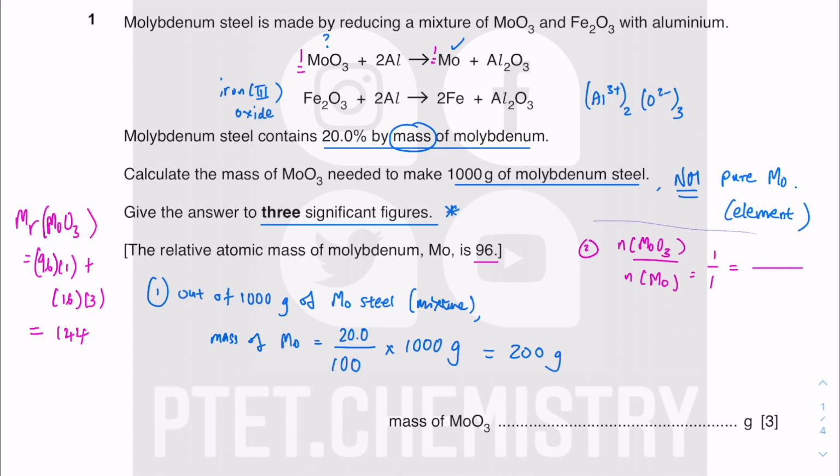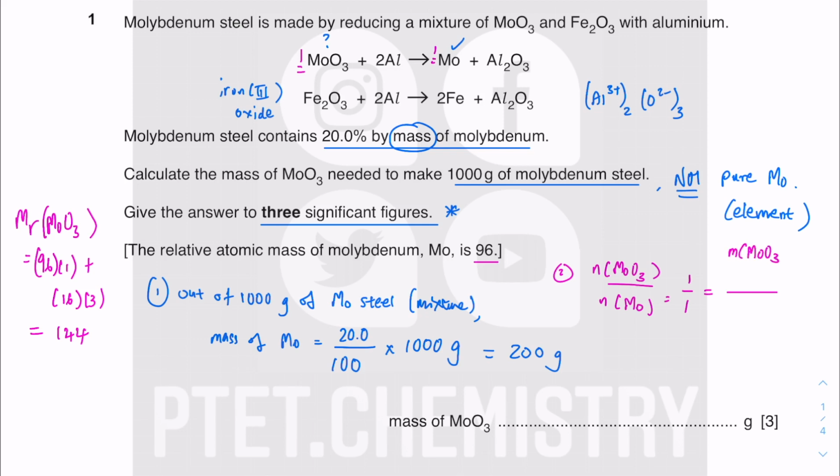So in my typical setup for the mole equation, this is the mole of MoO3. I need the mass of MoO3, so the mass of MoO3 divided by the Mr, which is 144, which I did on the far left hand side. And then on the other side, I know I have 200 gram of molybdenum in that 1000 gram of steel.